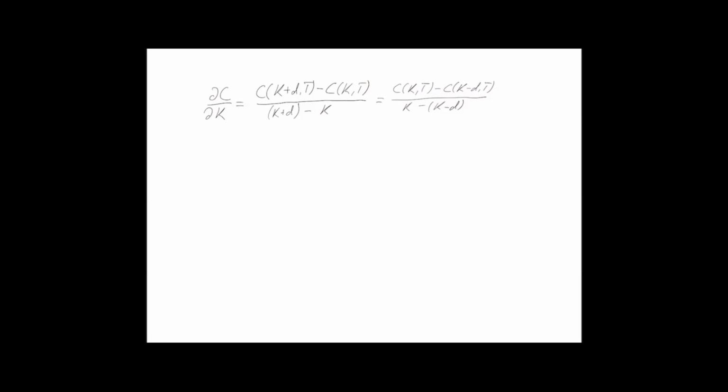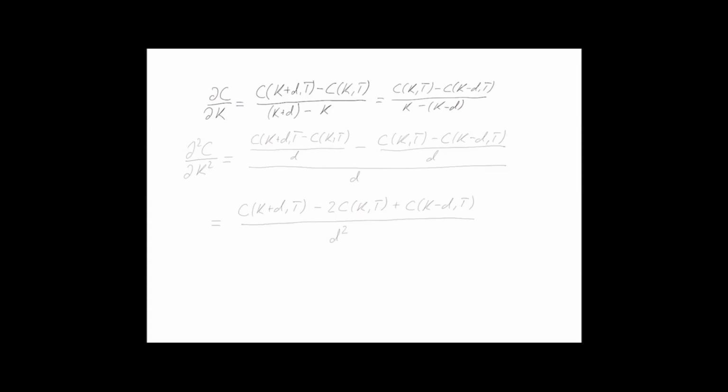That would be the first derivative, or if you want, you could actually also write this as the call price at the strike price and t to maturity minus the call price at the strike price minus a small number d and maturity t. Now the second derivative can now be just written as the difference between these two things.